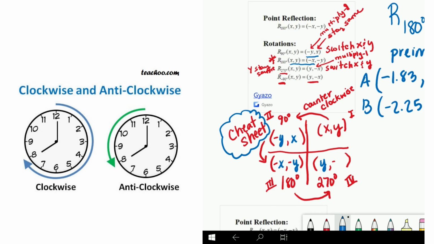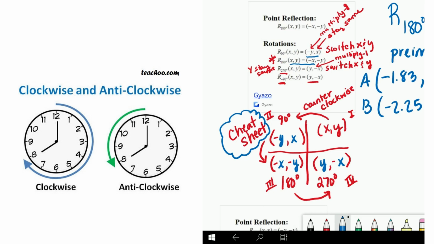So this is y, -x. And so we have now figured out the four rules for rotation. Like I said, this is a cheat sheet. If I start in the first quadrant, this is what will happen to the points. But these rules are what we need to follow when applying them to any point, no matter what the quadrant is.